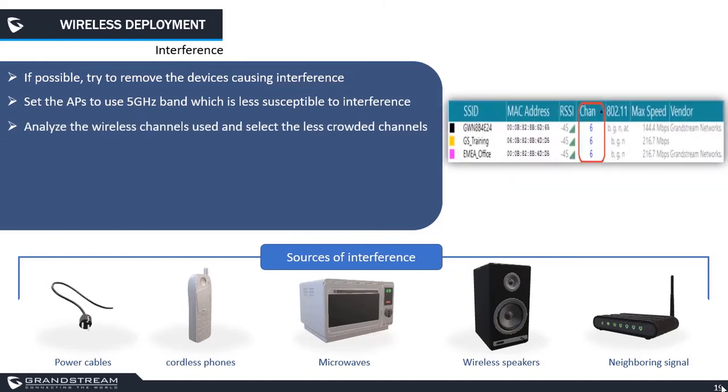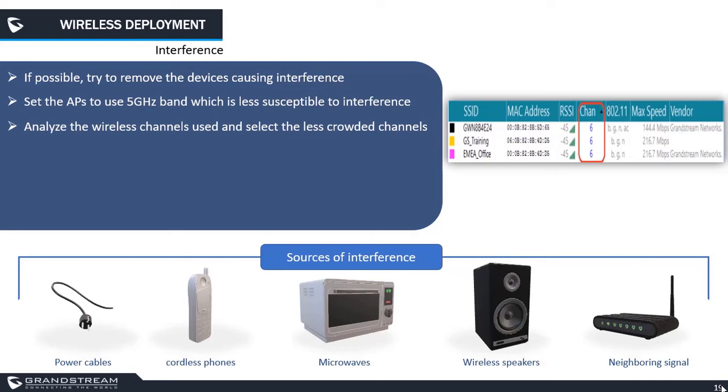Another thing, always use the Wi-Fi analyzer to detect which channels are being used by other access points, so you can try to select a different channel.